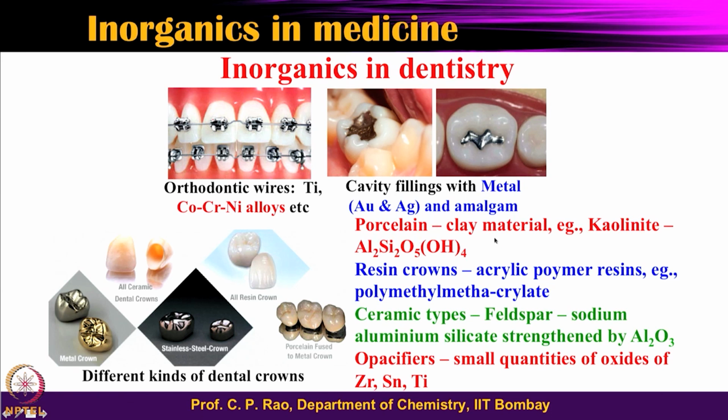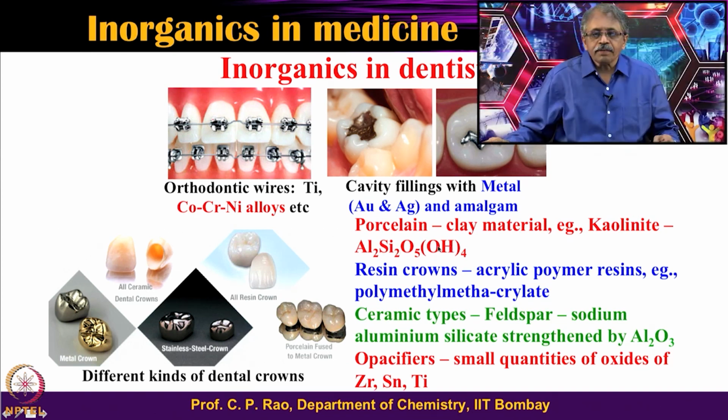So, porcelain is nothing but a clay material. Kaolinite, this is nothing but Al2Si2O5(OH)4. So, these are all called composites. So, a variety of composite materials are used in the dental part either for filling or as caps. In fact, you can treat these things and then make them into a cap by shaping.